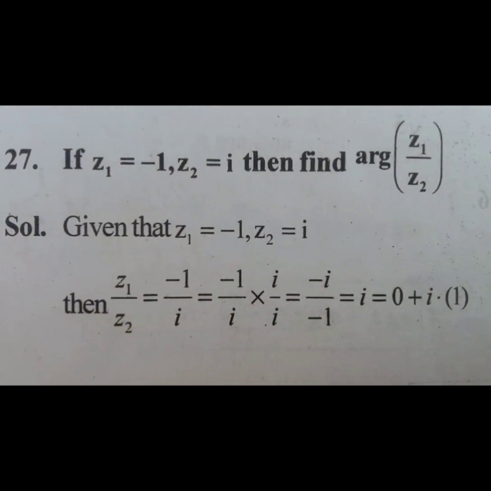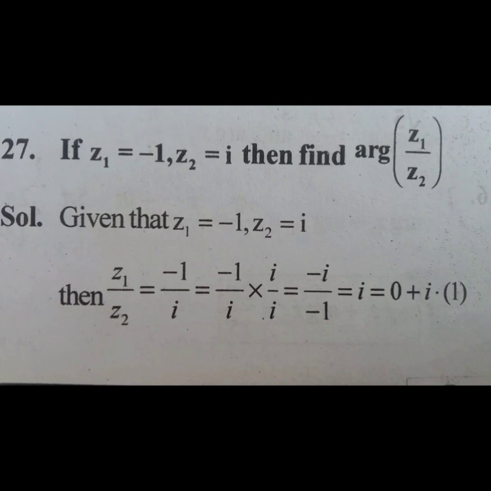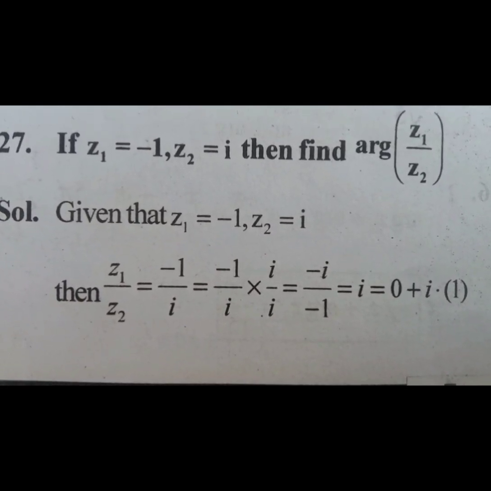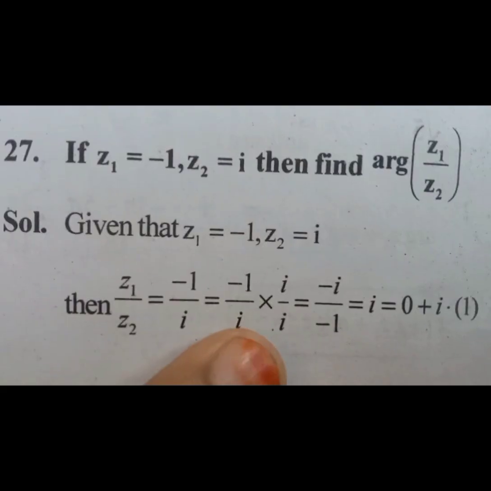For calculating the argument of z1 by z2, you need to write it in the a plus ib form. Here the denominator is i, so you need to multiply.